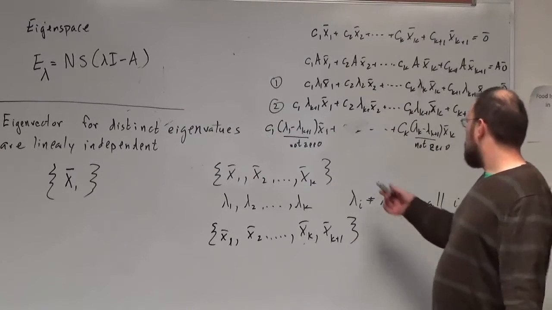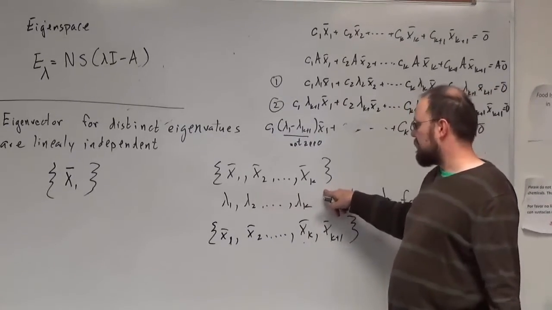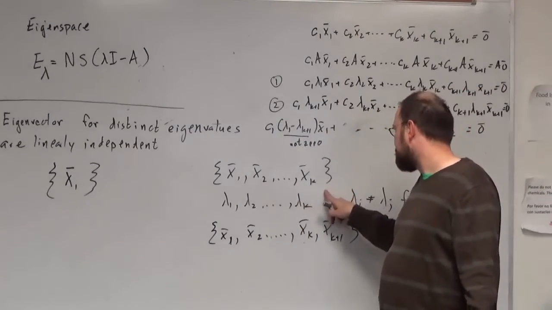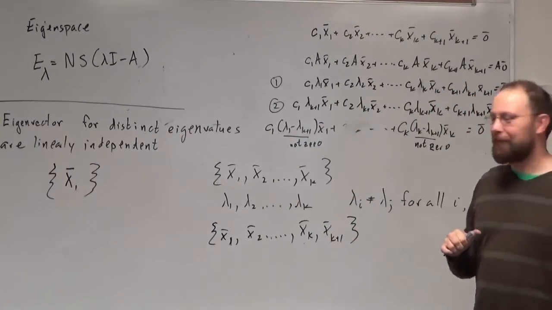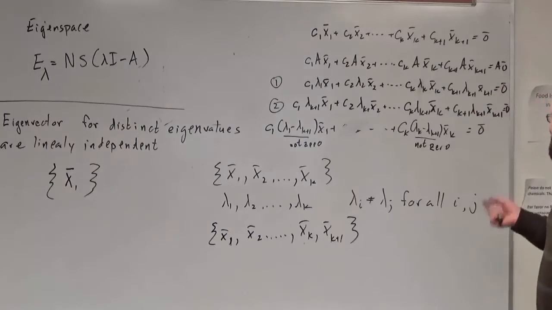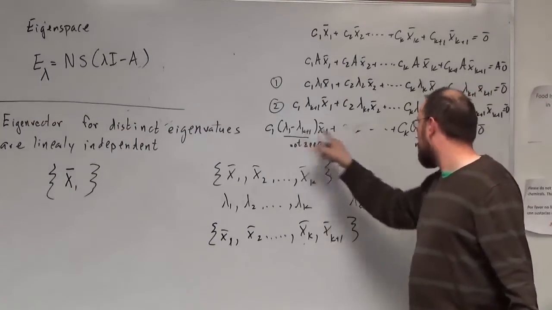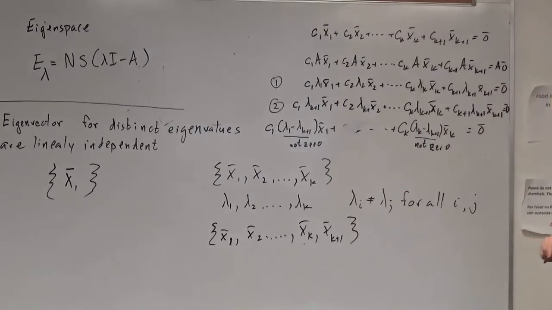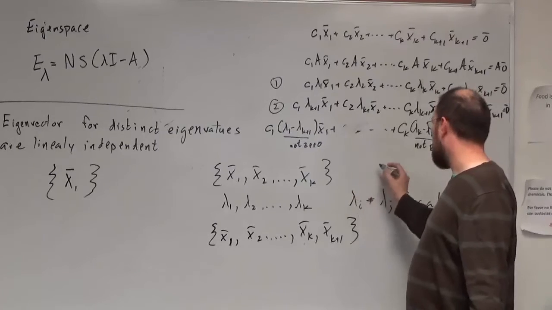All right, but then we have a linear combination of k linearly independent eigenvectors. That was our inductive hypothesis. If these are non-zero and we do have k linearly independent vectors, then we know the coefficients have to be 0. The c's have to be 0 by definition of linear independence.